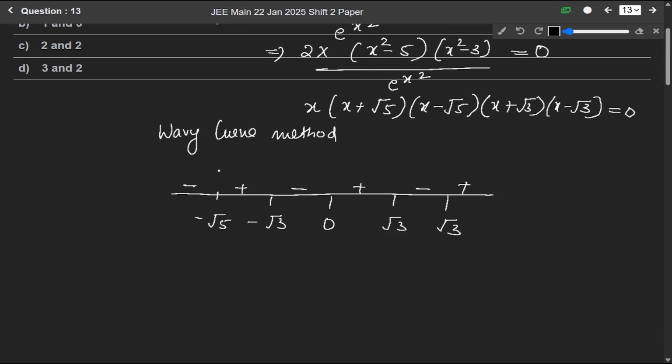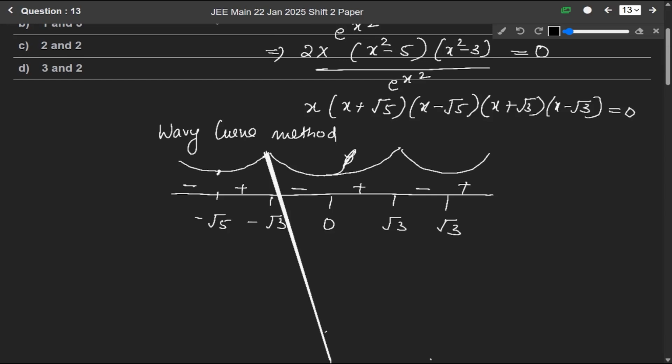Okay. So it will be like this. This is root 3 now, and it will be here 3 and this. Okay. So this will form like this.